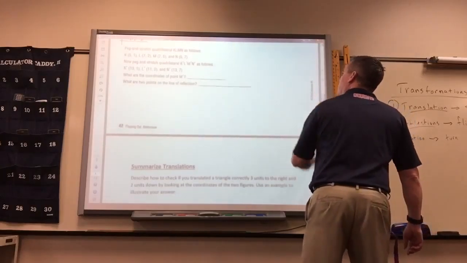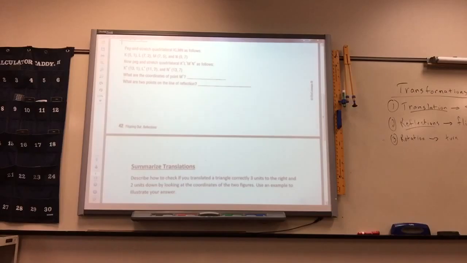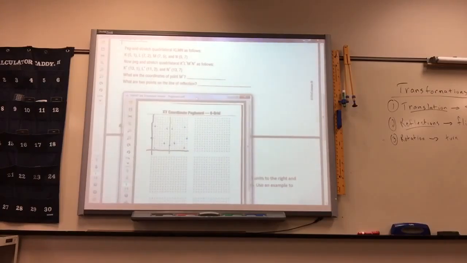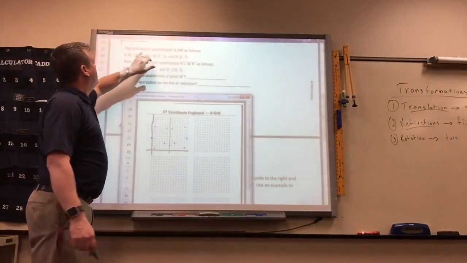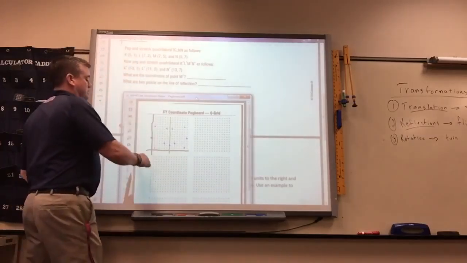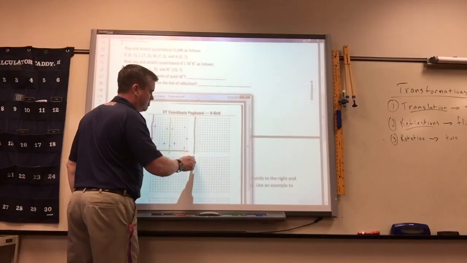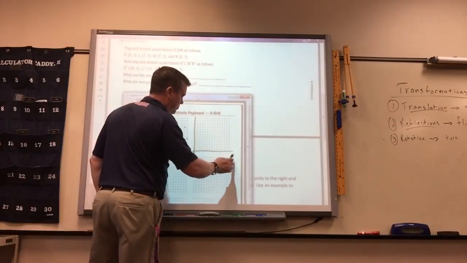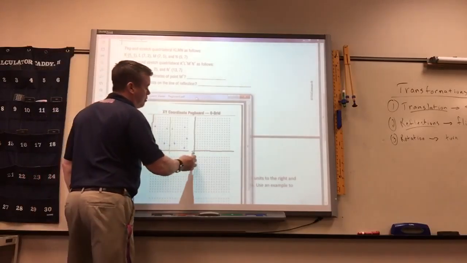Okay, then this one, again, you can find your answers using the pegboard. We've got a peg and stretch quadrilateral KLMN with these points. So again, this is the first quadrant. K is at 5 over 1 up.